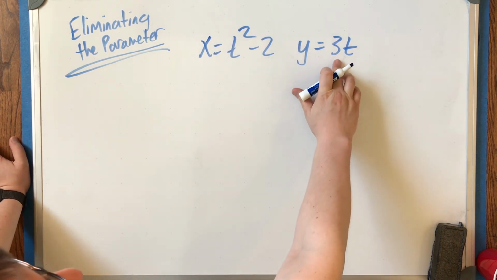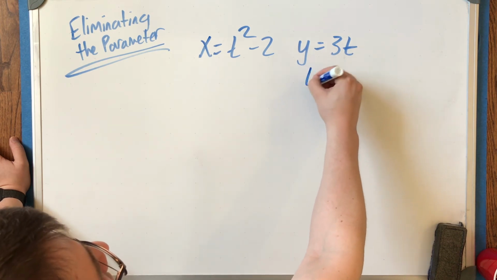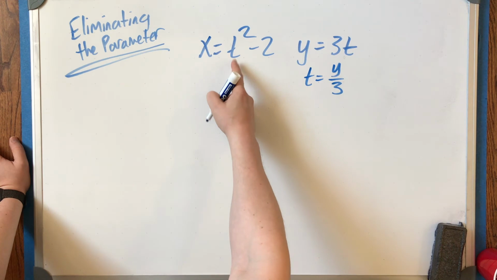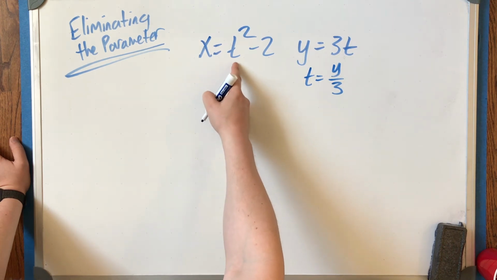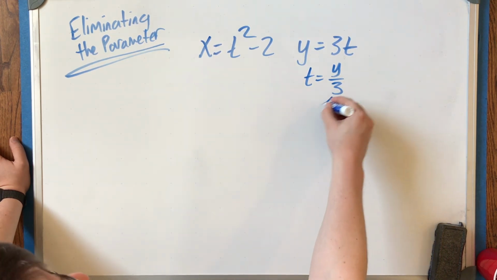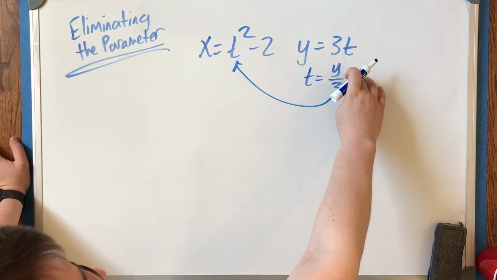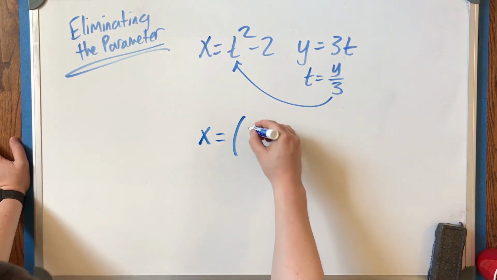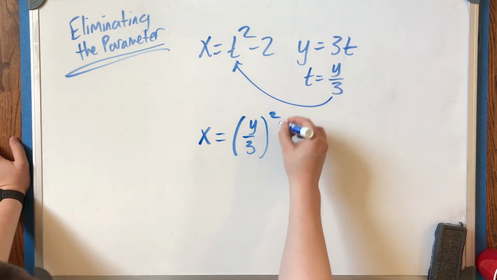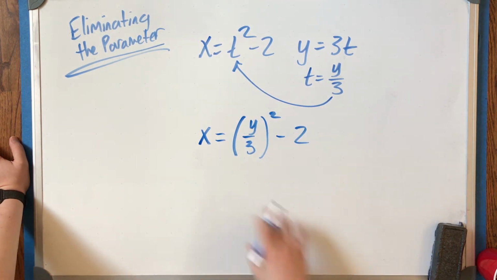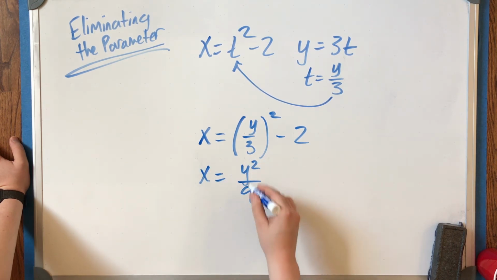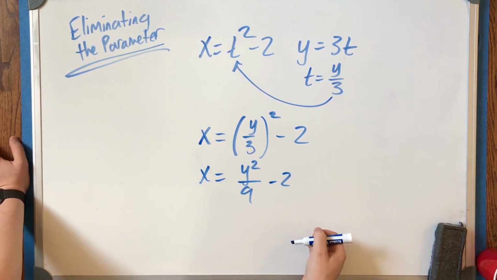And in this case, it's going to be much easier for me to take this equation and say that t equals y over 3 than it would over here, because I would have a plus or minus if I tried to solve for t, and I don't want to deal with that. So I'm going to solve this one for t and substitute in here. So I'll have x equals (y over 3) squared minus 2. If I want to simplify this a little bit more, I'll get y squared over 9 minus 2.